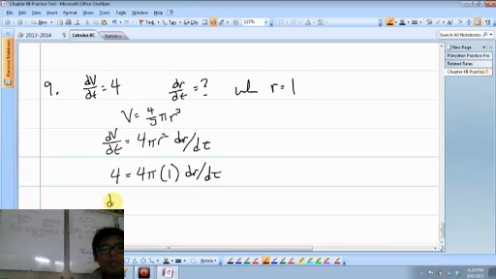And it seems as though dr/dt is 1 over pi. Inches per second.